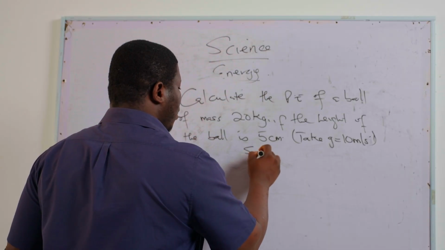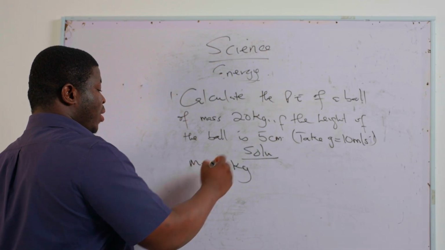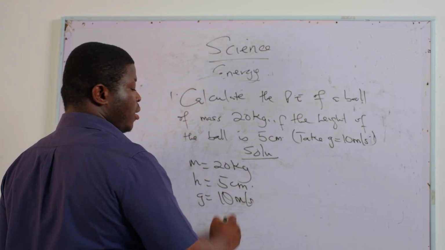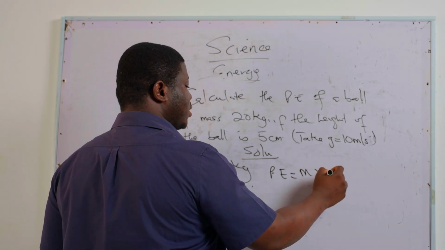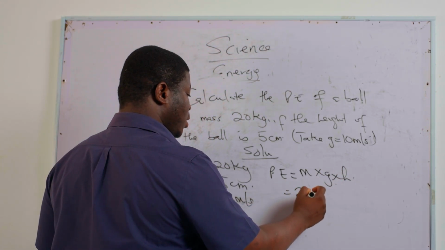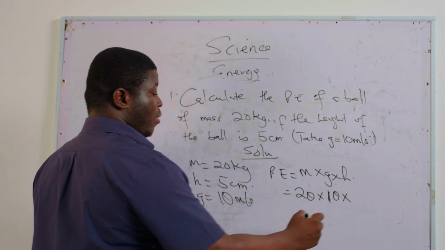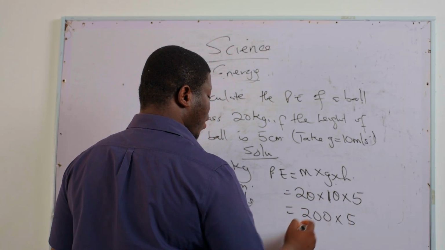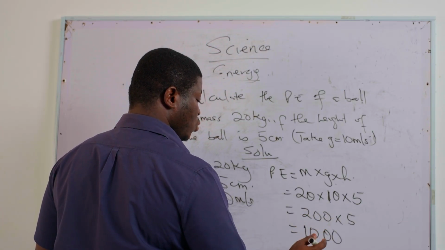So here we write our parameters down. We have our mass, which is 20 kilogram. We have our height, which is 5 centimeters. Then we have our acceleration due to gravity, which is 10 meter per second. We put them in our formula: mass times acceleration due to gravity times height. So our mass is 20, our acceleration due to gravity is 10, and our height is 5. This gives us 200 times 5, which is 1,000.